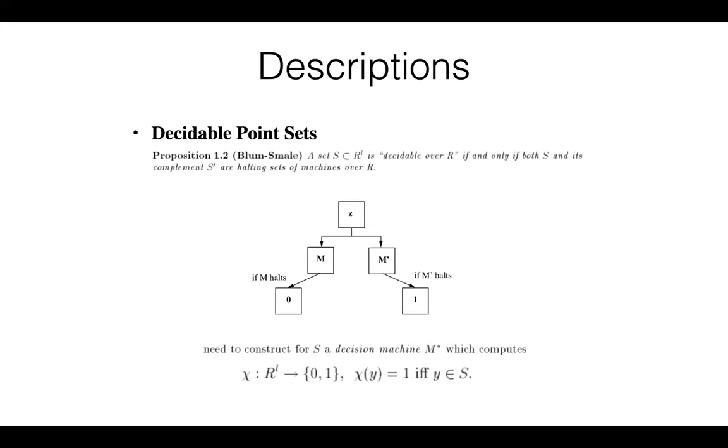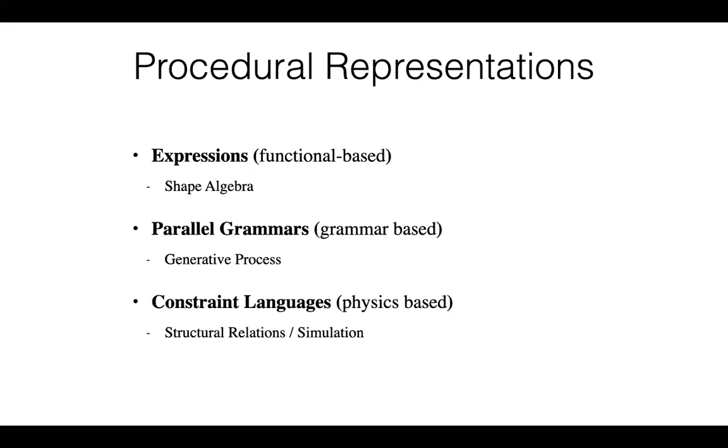So this is very general, and there are a lot of details on how to go from the theory to the practice and implementation. Basically, to go from this abstraction to the actual implementation, we are going to use procedural representations. And we can have different types of procedural representations. One that's functional based will be an expression, very much in the same way as the constructed solid geometry expression we saw.